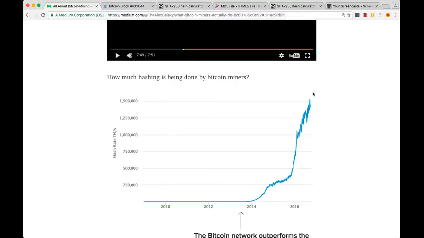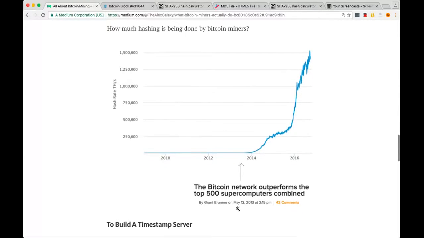And this graph is a linear scale. It was growing huge back here too. We just couldn't see it. In fact, in May of 2013, someone calculated that the Bitcoin network could do more hashes per second than the top 500 supercomputers combined. So we're really at astronomical levels of hashing.